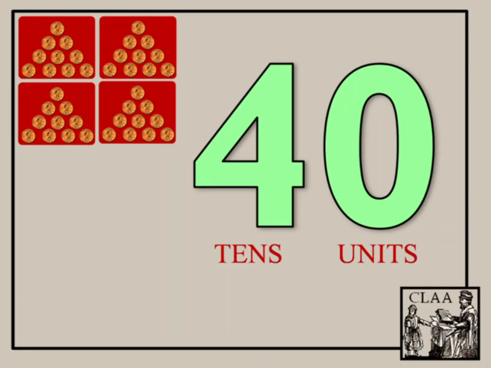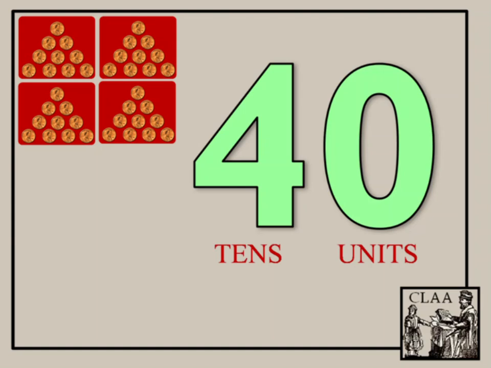How many pennies do you see in this picture? Don't count all the pennies. You can see that the pennies are in sets of 10. How many sets of 10 are there? That's the easy way to count them. 1, 2, 3, 4.